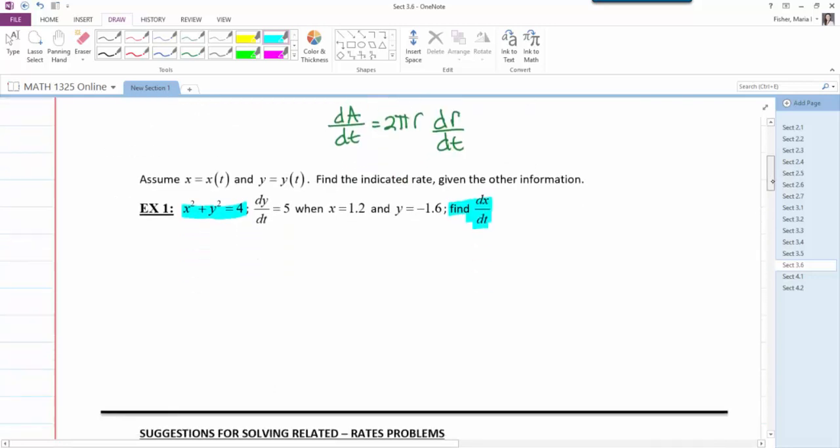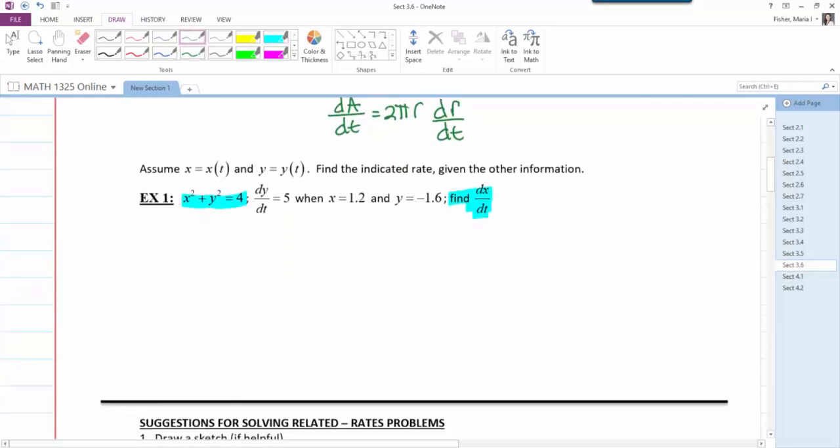The derivative of x squared is 2x, and again, we just took the derivative of an x term with respect to time. Everything in this section is going to be with respect to t, or time. Plus the derivative of y squared is 2y, and again, we just took the derivative of a y term with respect to time. So dy/dt equals, well, the derivative of 4 is 0, so we just write 0.